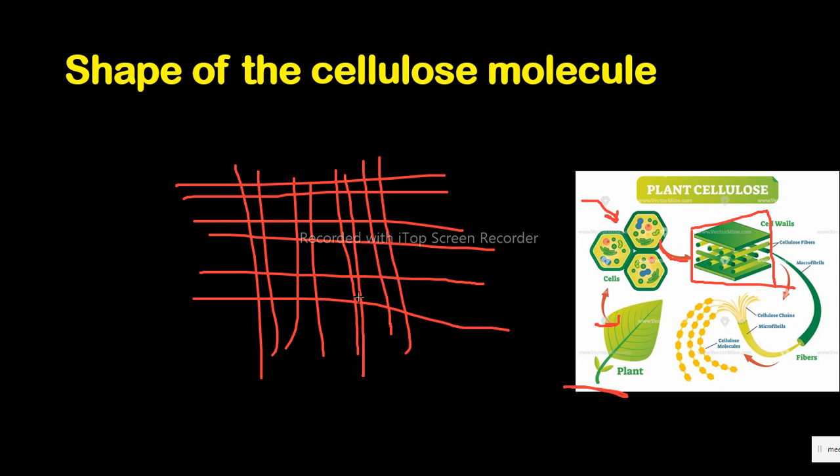When you try to study one fiber, you find this one fiber made up of very many other small fibers. You can see this one, the microfibril. They are very many. And when you study one microfibril, then you see very many strands of cellulose.